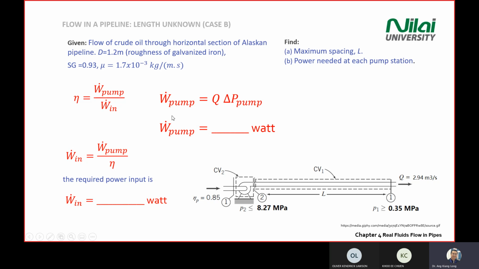You get the power of the pump. Then you need to find the power needed. Power needed, you use the efficiency equation. You find the required power for input. The unit is in kilowatt or watt. Clear, Ku and Oliver? Yes, sir.